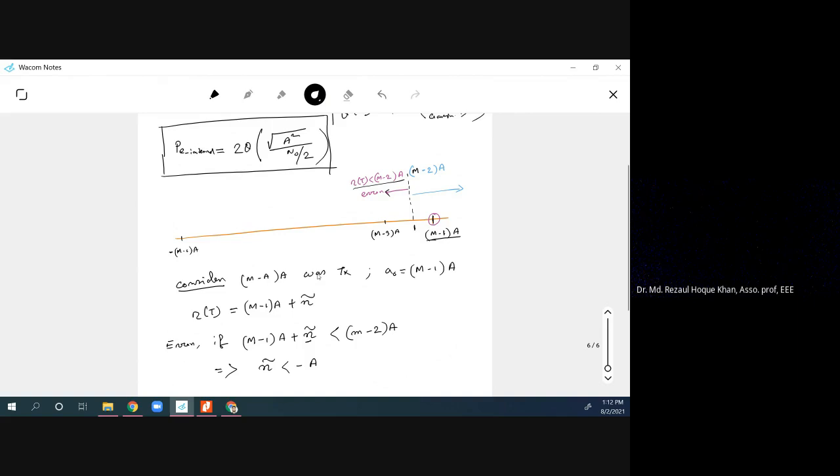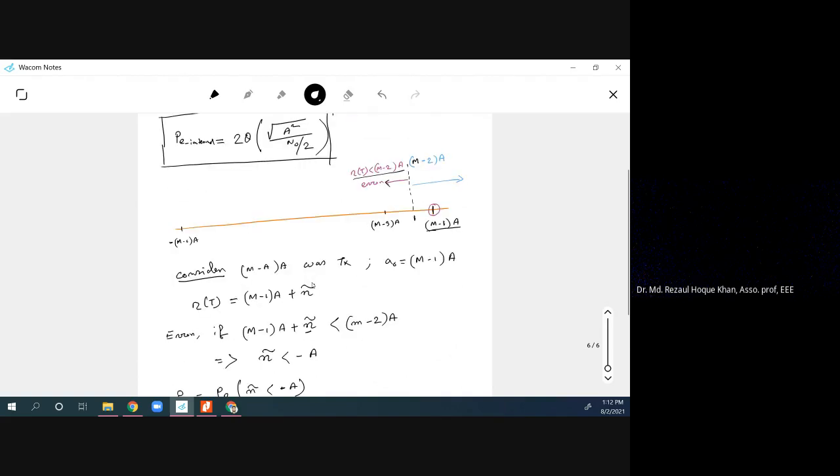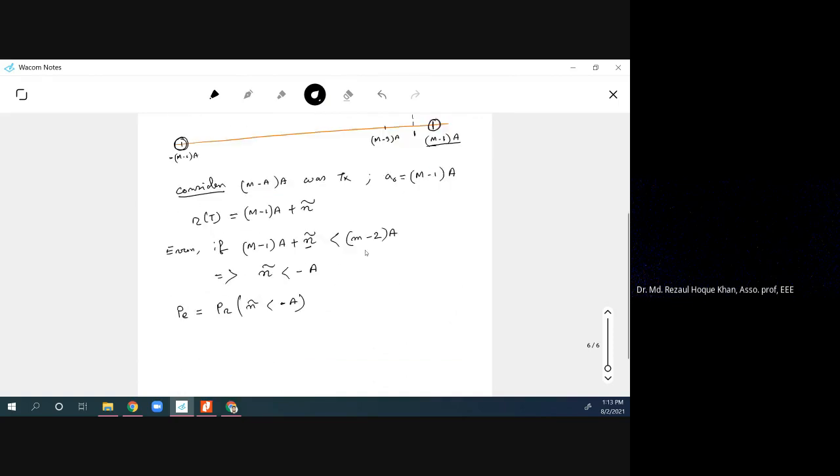So what is the probability of error? The probability of error is the probability that n tilde is less than minus a. Of course, this is for this endpoint. There are two endpoints; this is also an endpoint. For this point it will be the same as before, because of symmetry.